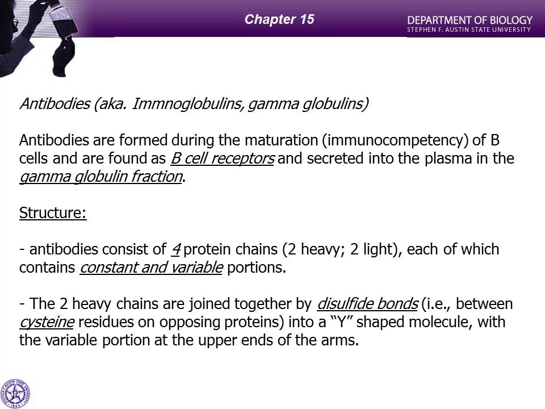And when we put these together in this Y-shaped structure, we're going to be referring to 2 specific functional regions, one being the variable domain and one being the constant domain. And again, I use that term constant domain now for simplicity. We're going to change it up, and it's not quite as constant down the road. But we don't see as much variability in that part as we do in the variable region that actually recognizes antigen.